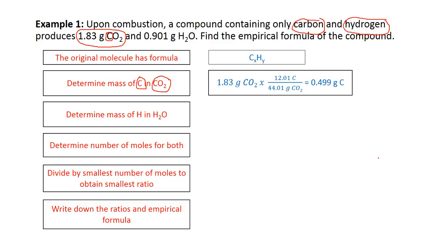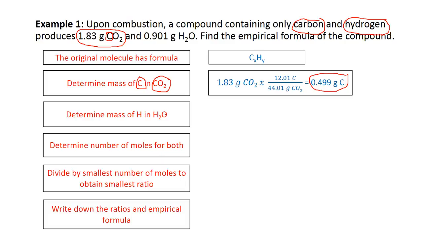So I will multiply 1.83 grams of carbon dioxide times the molar mass of carbon divided by the molar mass of carbon dioxide. And this gives me the mass of carbon as 0.499 grams. I do the same thing for hydrogen.